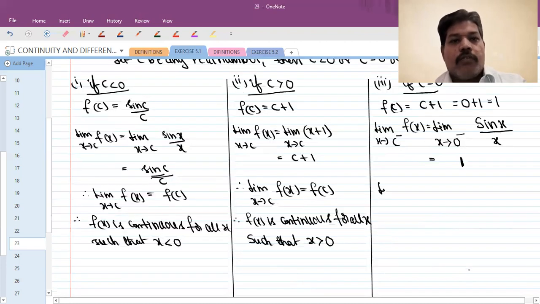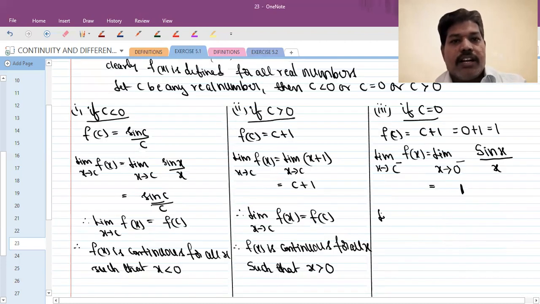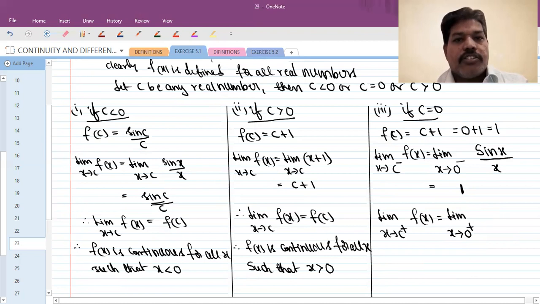The next one, you have to take the right hand limit. What is limit x tending to c plus of f of x? Limit x tending to c plus means 0 plus.